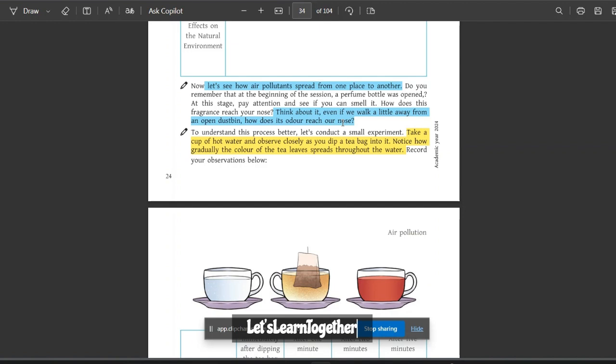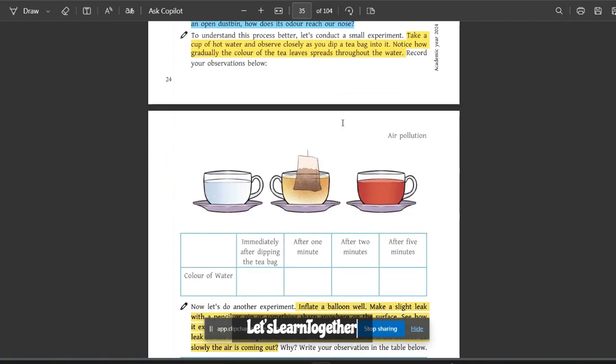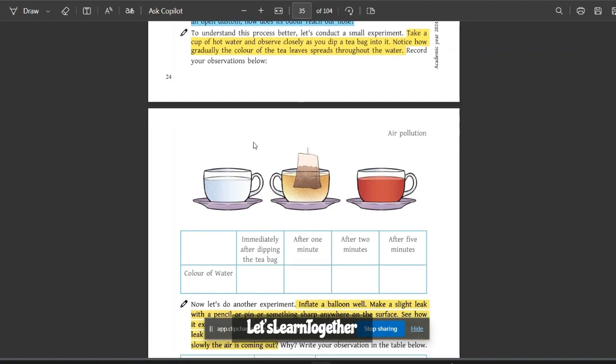All right, so let's see what this activity is. Take a cup of hot water and observe closely as you dip a tea bag into it. Notice how gradually the color of the tea leaves spreads throughout the water. Record your observations below. That means, when we have tea, we at first take hot water, then we immerse a tea bag in it.